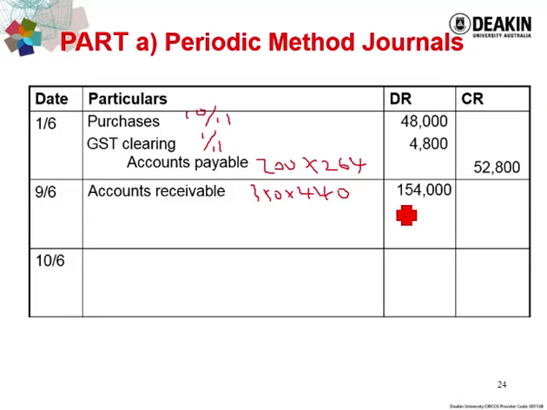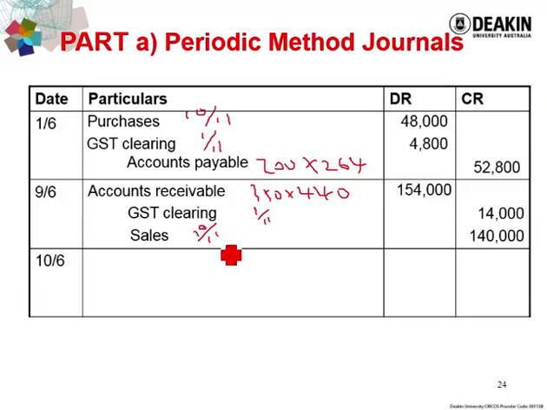Then you credit GST clearing 1 over 11. When you credit GST clearing, it means that you have GST payable because you collect tax from the consumers, from your clients, and this tax is payable to the ATO. So credit GST clearing 14K, and you credit sales revenue net of GST 10 over 11, 140K.